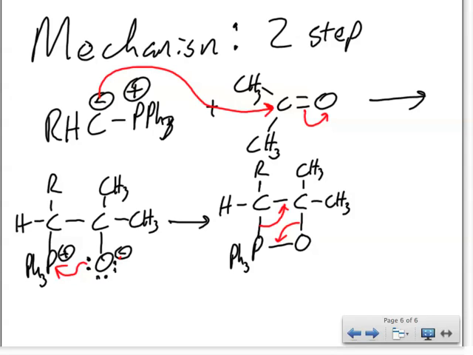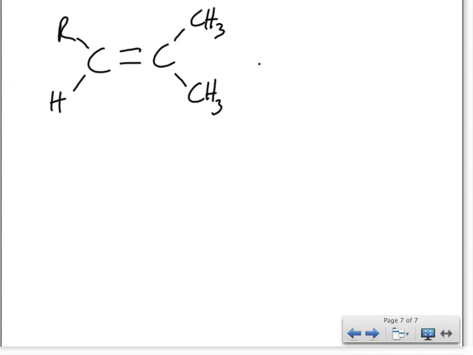Of course, the carbon-carbon bond is going to be very stable, and that will take us to our final product, which would be the double bond, the alkene, which we are focusing on since of course this is organic, plus then triphenyl phosphorus double bond oxygen. Okay. And again, this is a two-step process. This is a very standard two-step mechanism for the Wittig reaction.